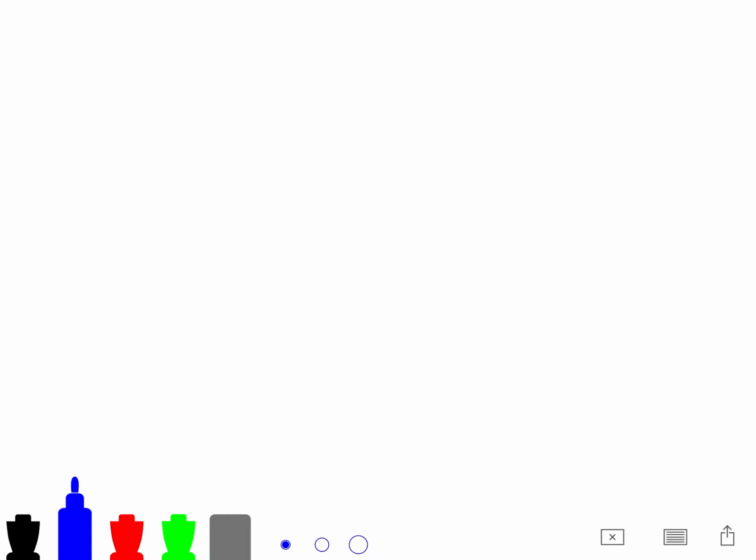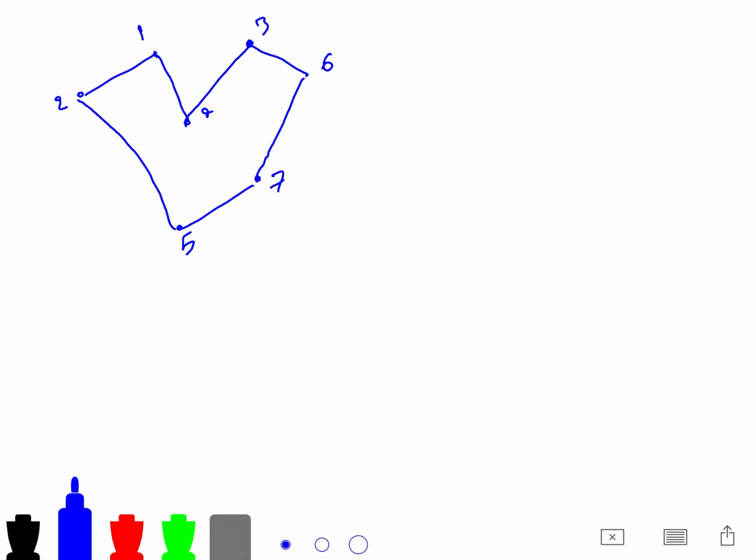So let me give you an example. So here we have 4, we have 3, we have 6, we have 7, 5, and 2. And for example, this is connected to this, 4 is connected, something like this. So C is obviously 1, 2, 3, 6, 5, and 7.